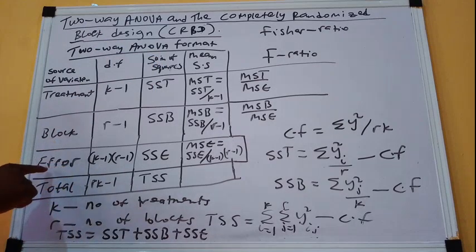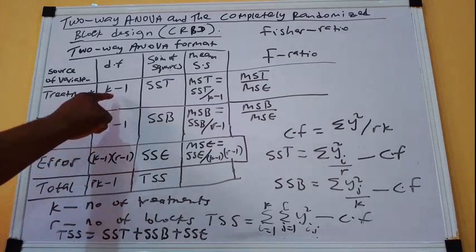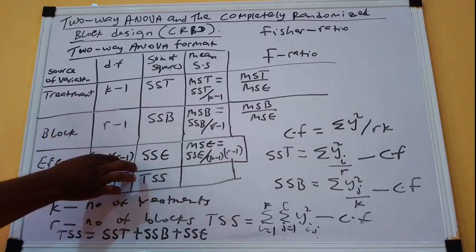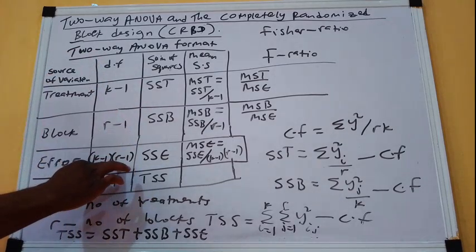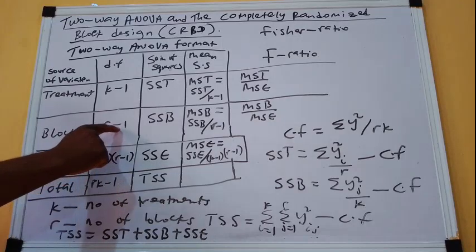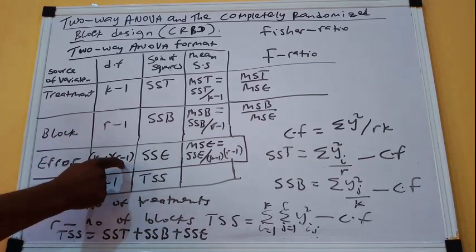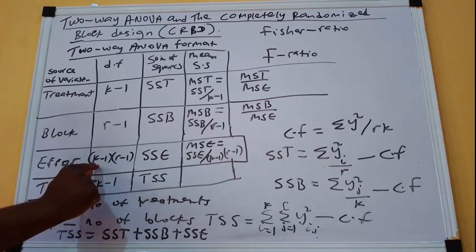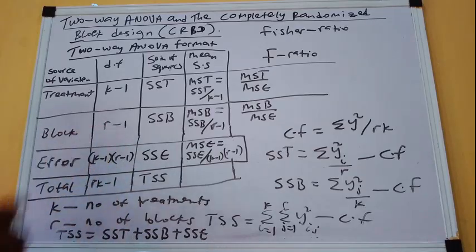So the error will claim a higher number of degrees of freedom. But now that the block is there, the number of degrees of freedom for the error is reduced because of the block. So it makes the experiment more efficient and more reliable. So it makes the result better than the one-way test.